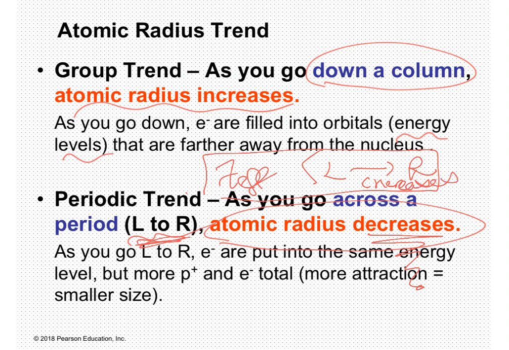In other words, the electrons are getting more strongly attracted as we add protons. And what happens to the size? What happens to anything when you get more strongly attracted to it? You move closer to it. Same thing with the electrons. They're feeling more and more attraction to the nucleus because we're adding protons. Therefore, they try to get closer to the nucleus, and that makes the overall size of the atom shrink.